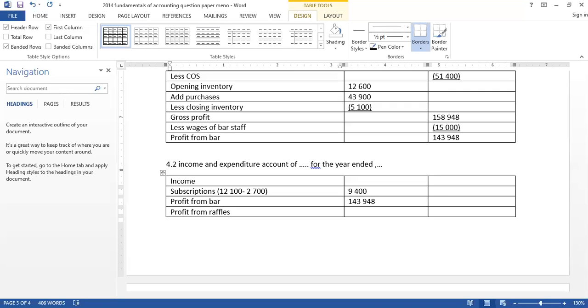So you are told that profit from raffles is how much? 10,500. And we check, do we have any additional information that has to do with that? We do not. So we record the amount as it is, 10,500. Now we look again. Those are the only incomes that we have, right? Therefore, we add our incomes together and then we record our final amount next to incomes.